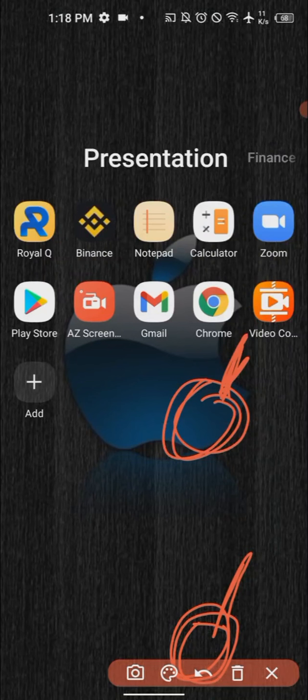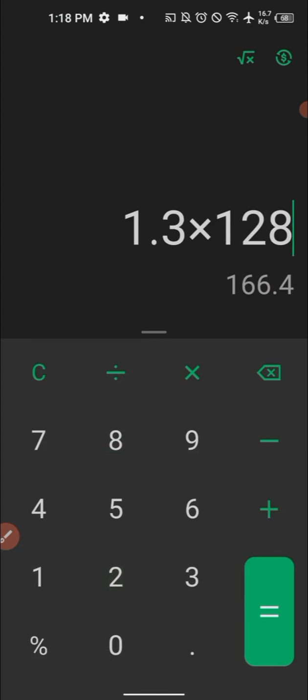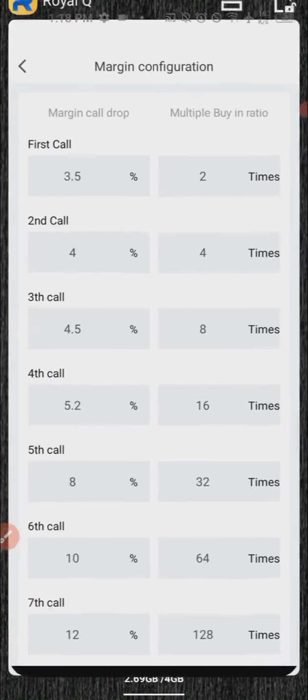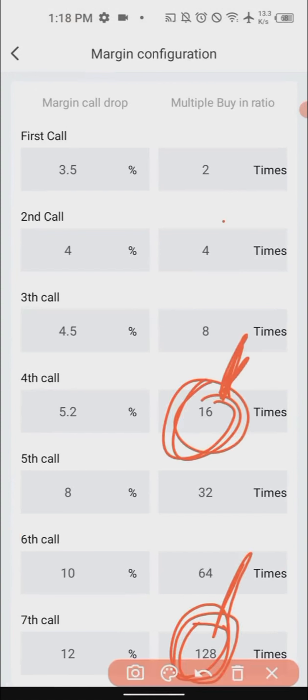So let us check it. 1.3% times 128, meaning he's making 166% on this last margin call. But remember, it requires a whole lot of money to be able to use this kind of trade strategy. But if you have the means, this is a very wonderful trade strategy.